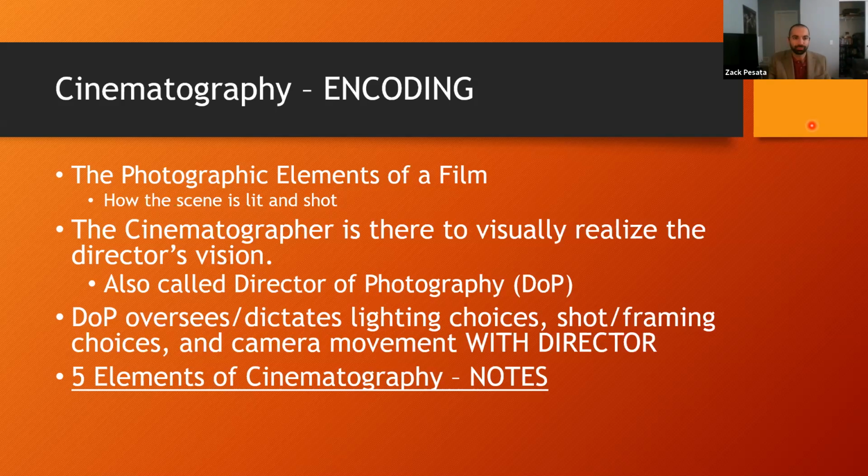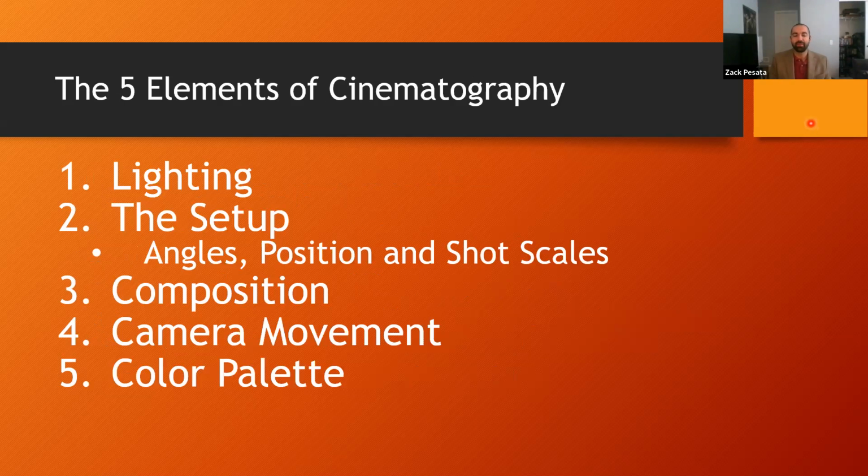So here we go, the 5 elements of cinematography: lighting, the setup, composition, camera movement, and color palette. Each of these 5 elements has several subcategories that we are going to investigate. For now, just take note of the 5 elements, and we are going to go much further with each one of them.